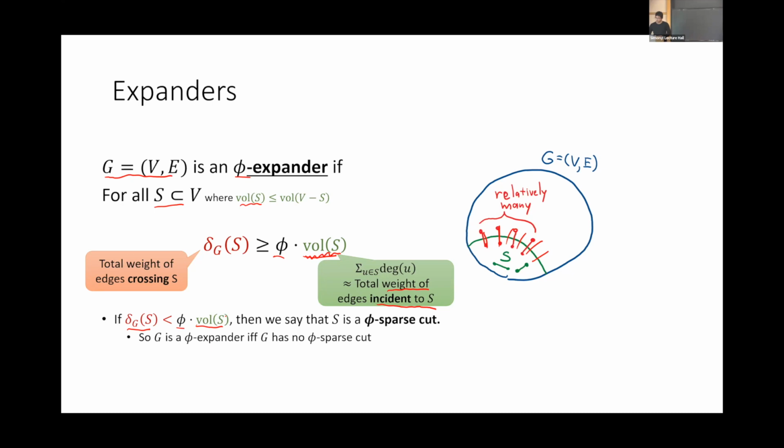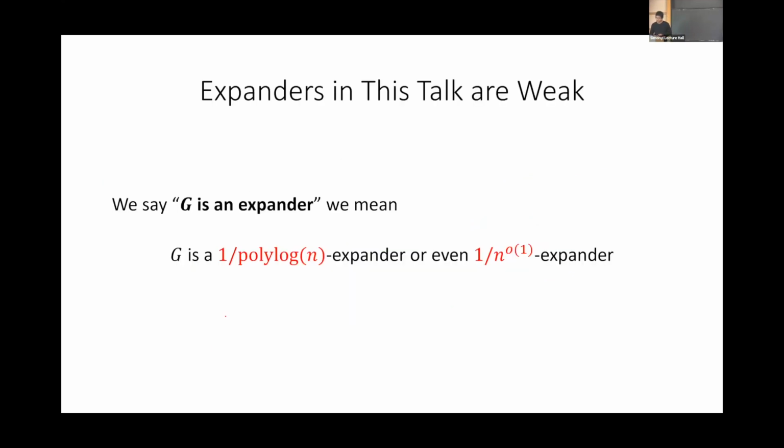Okay. And now, we know that when φ is a constant, such an expander exists. However, in this talk, the expander we're going to talk about is a weak one. It's a really weak one.